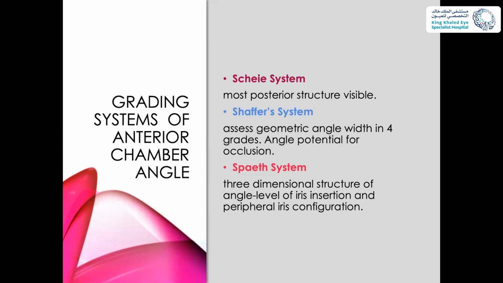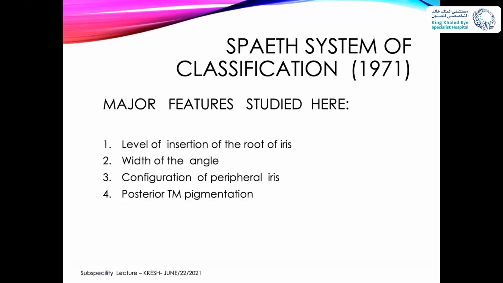The Spaeth system is a 3D system, because it studies multiple things, not only the angle width. It studies the level of insertion of the iris root, the width of the angle, the configuration of the peripheral iris, and the posterior trabecular meshwork pigmentation.